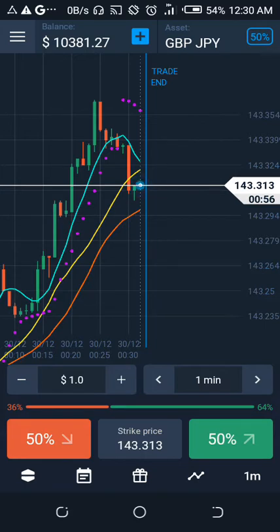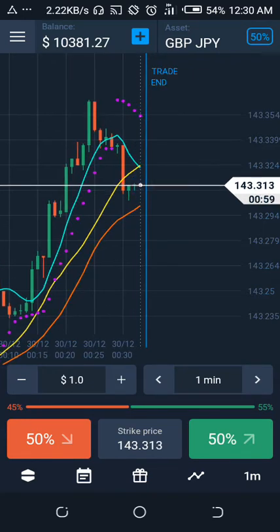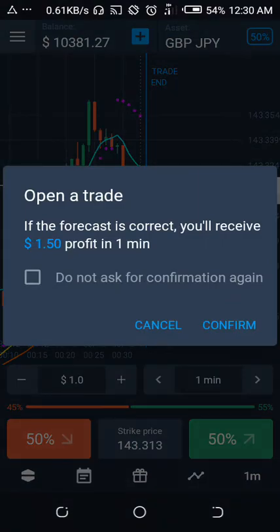The most important thing is that downward direction means down, and it means sell. But we have to look at our indicators, which are our SMA and our parabolic, and make sure of what they show before we take any decision. As they touch now, facing downward, I put sell.